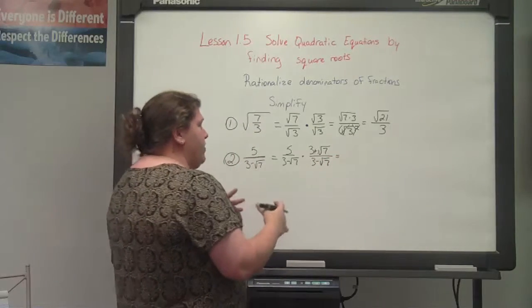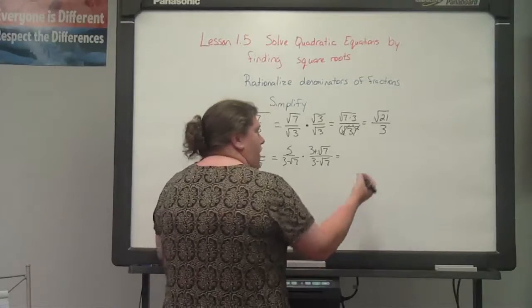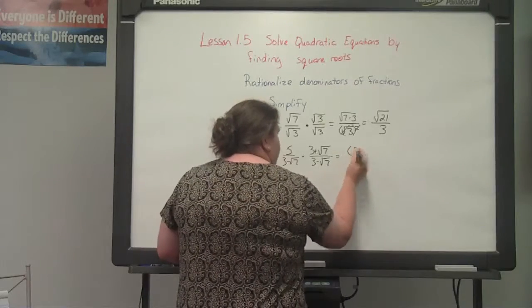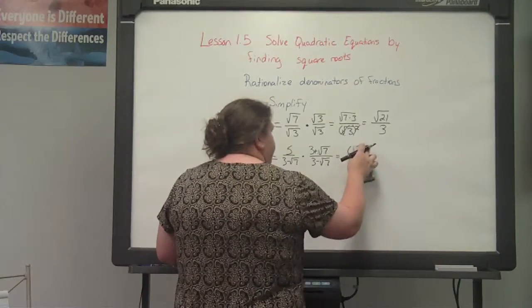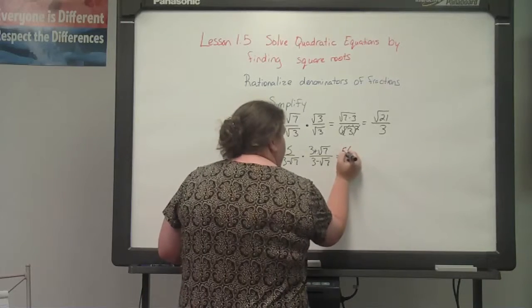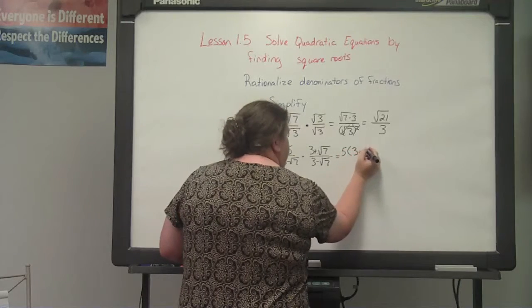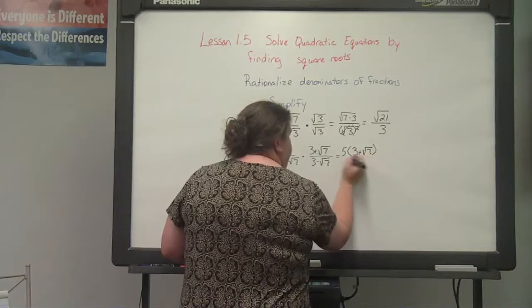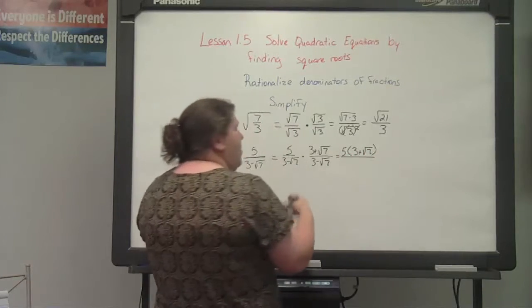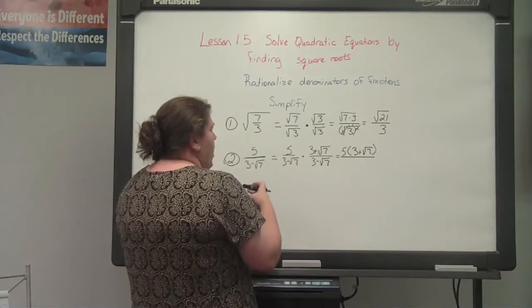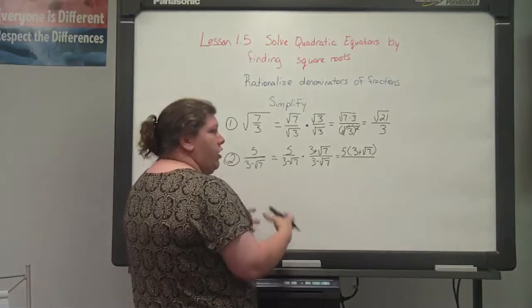So what I'm going to do is rewrite and say 5 times 3 plus square root of 7 over, and I want to start using my FOIL method.